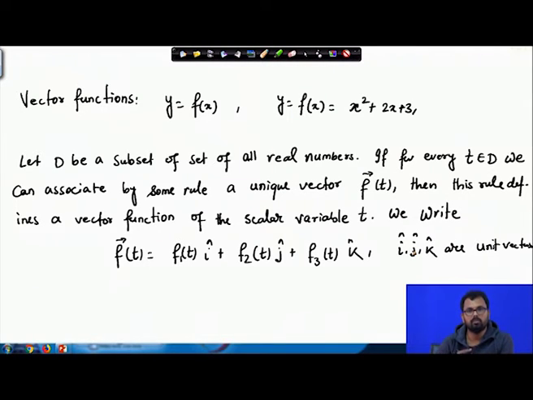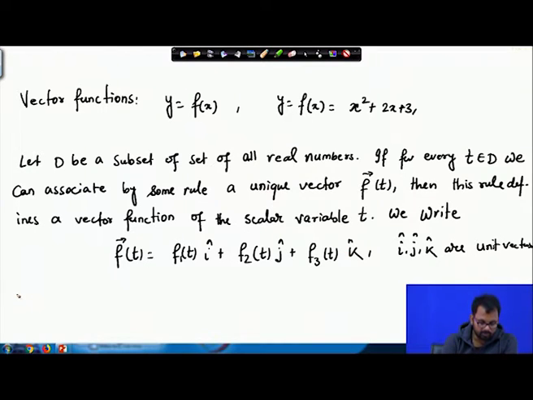They are perpendicular to each other and they are unit vectors. Here f1 of t, f2 of t and f3 of t are all scalar functions of t, and when written with the help of i, j and k, they constitute a vector function.